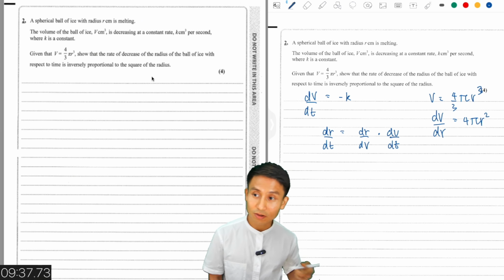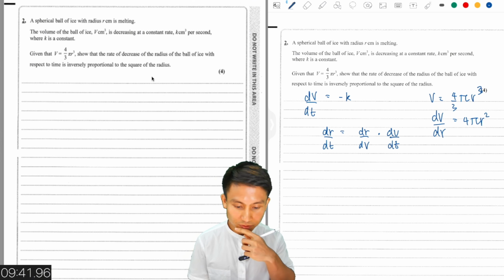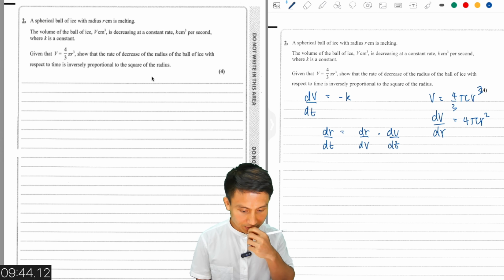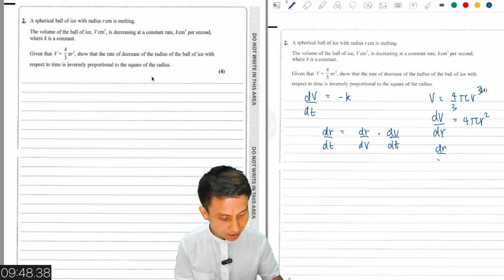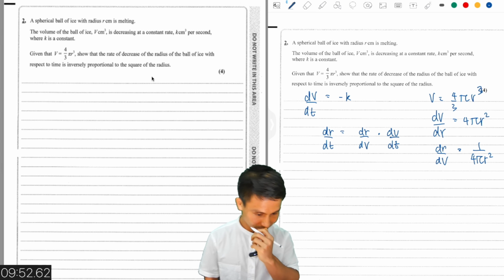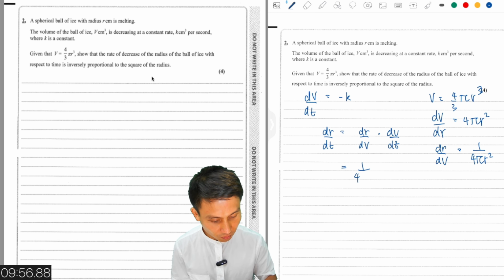You might recall that this is the formula for the surface area of the sphere. So dr by dv is just 1 over that. And we're going to plug everything in. So 1 over 4 pi r squared times dv by dt, which is minus k.